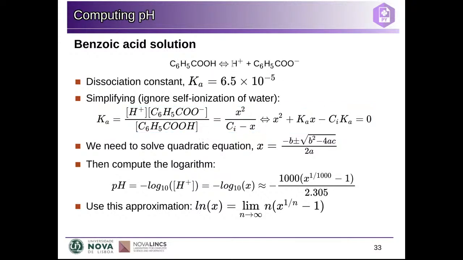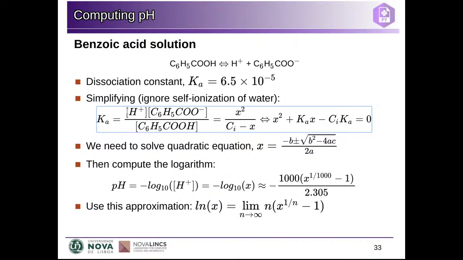Now we want to know how much of these protons, these hydrogen ions, has been released into solution, and we're going to use that for computing the pH. This is as much as this species here, because the original molecule will break down into these two.